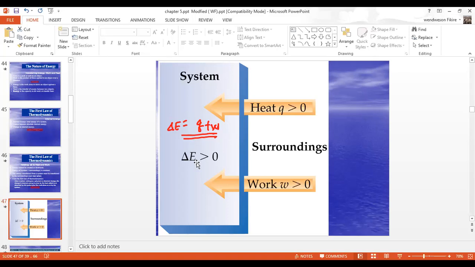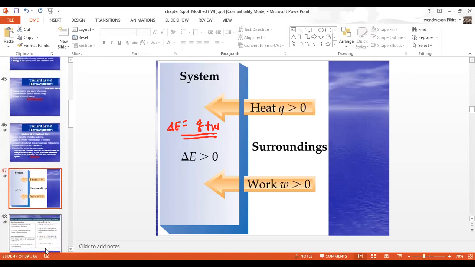Again, the surroundings do work on the system, so the work value will be greater than 0, which means the value of delta E is going to be greater than 0. The system is gaining, the surroundings are losing, in this chart here.